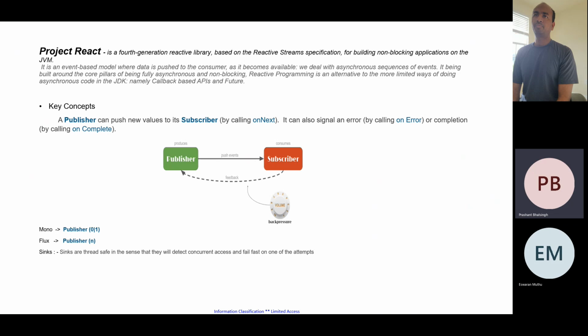It's a good question. Project Reactor and Spring Cloud Stream blend together and allow you to create an application which treats the incoming events as a stream of events, asynchronously. It's nothing but an implementation of the reactive streams specification.